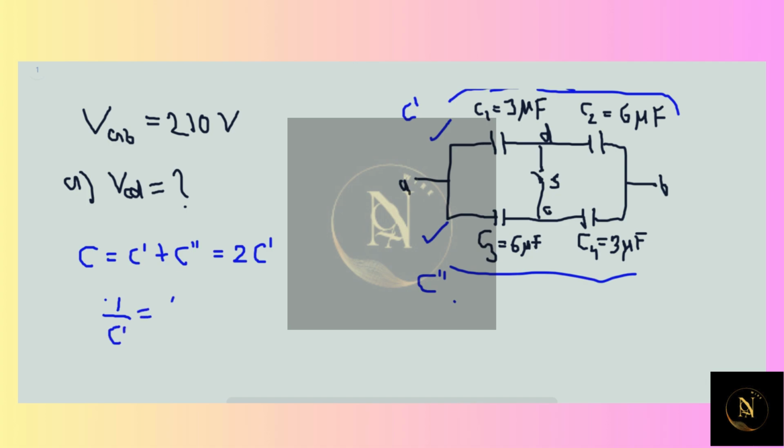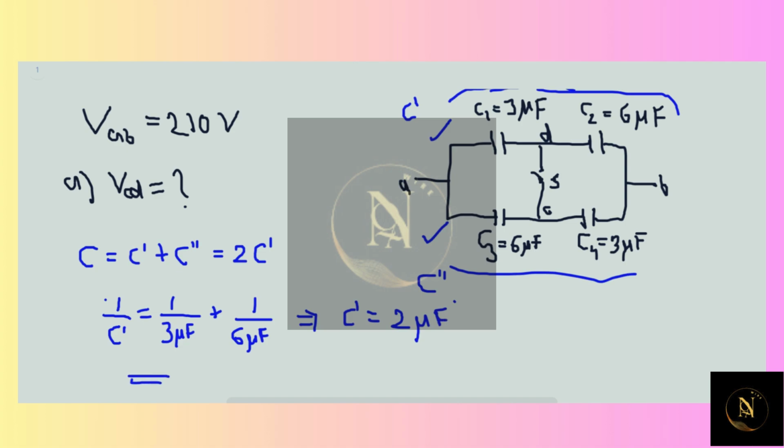So 1 over C prime is going to be 1 divided by C1, so 3 microfarad, plus 1 divided by C2, which is 6 microfarad. And from this, I can calculate that C prime is going to be 2 microfarad.